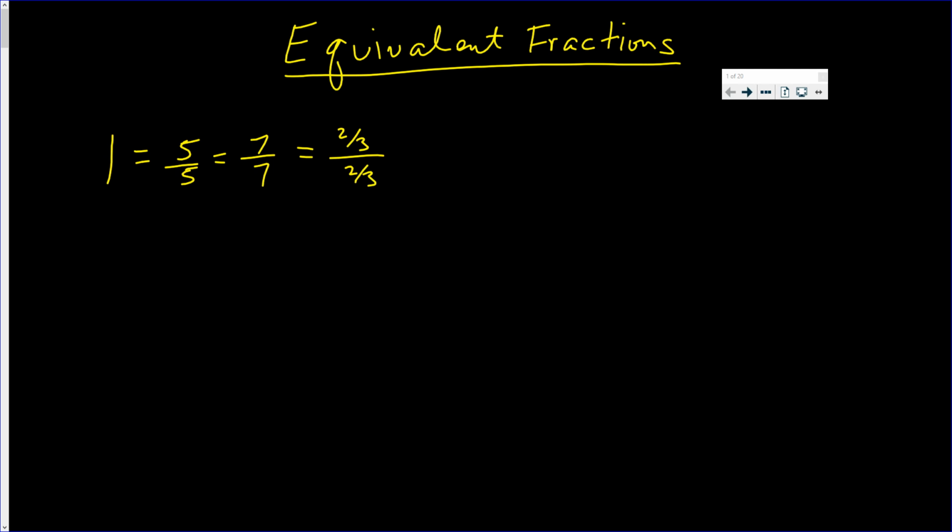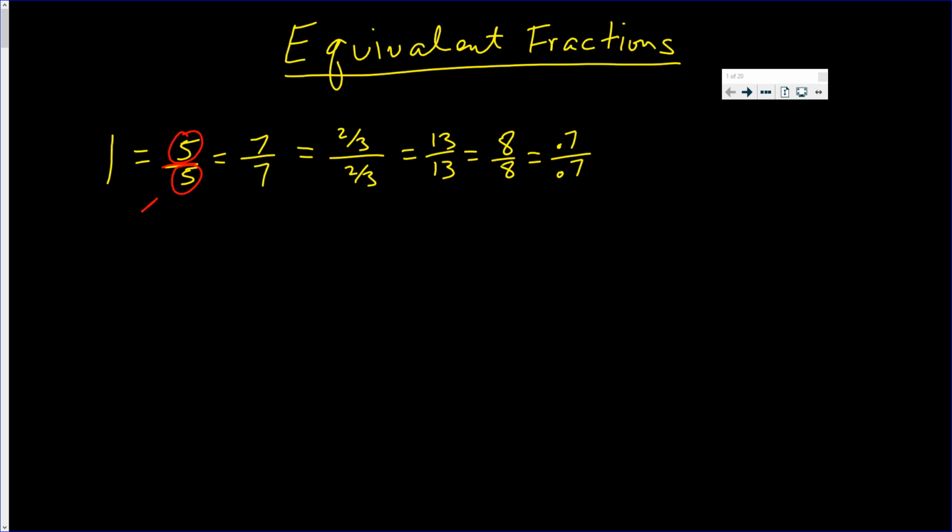2/3 divided by 2/3 is equal to 1. 13 over 13 is equal to 1. 8 over 8 is 1. 0.7 divided by 0.7 is 1. As long as the top and the bottom are the same and they're not 0, because you can't divide by 0.